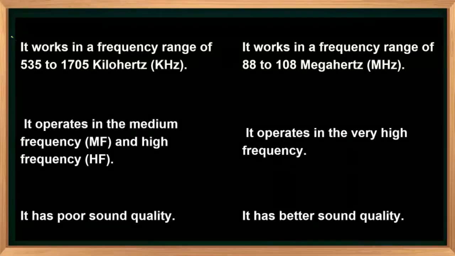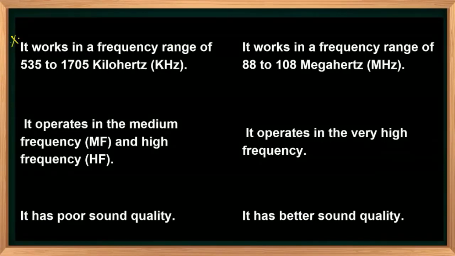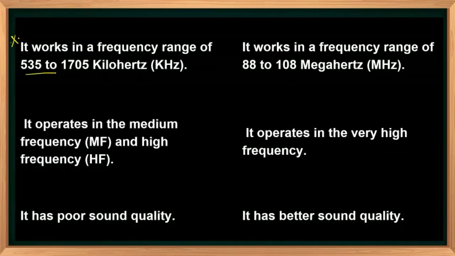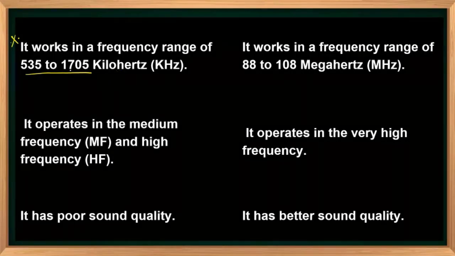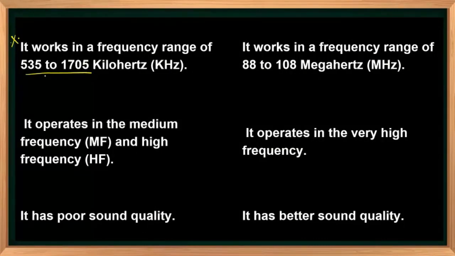The next point is also important. AM works in a frequency range of 535 to 1705 kilohertz. This is the frequency range of AM broadcast.